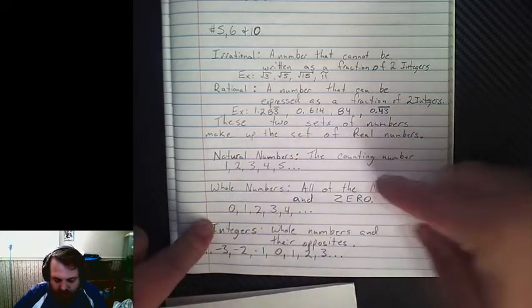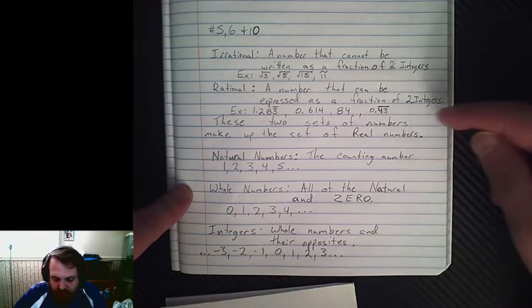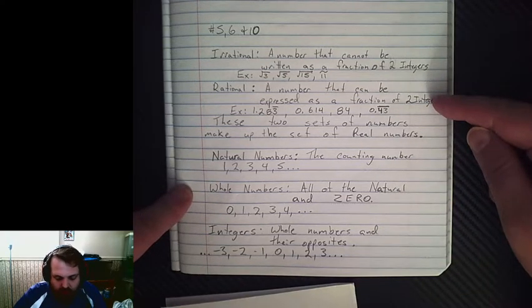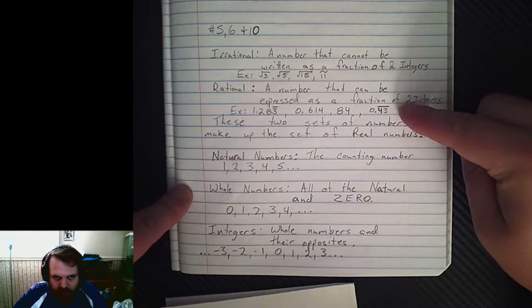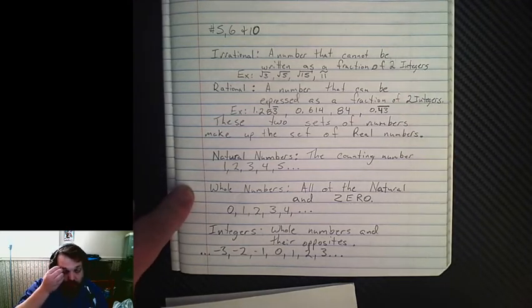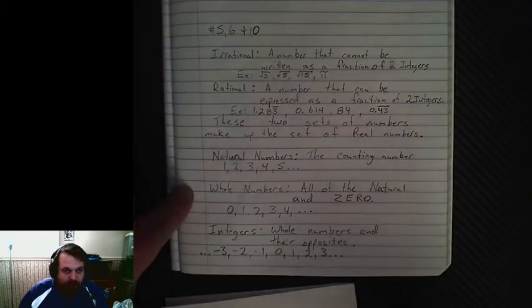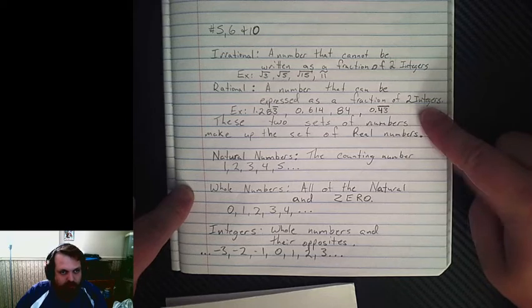So if they are in these three groups we discussed first, they are rational. Repeating decimals again, it could repeat 1, 3, 5, 10 digits. If we know those digits repeat, then it can be expressed as a fraction of two integers.